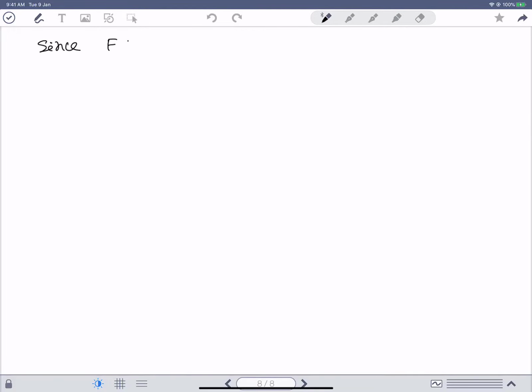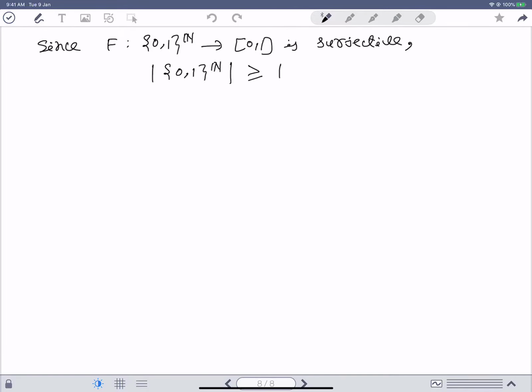So therefore, now since f is surjective, the cardinality of this set is bigger or equal to the cardinality of [0,1], right?